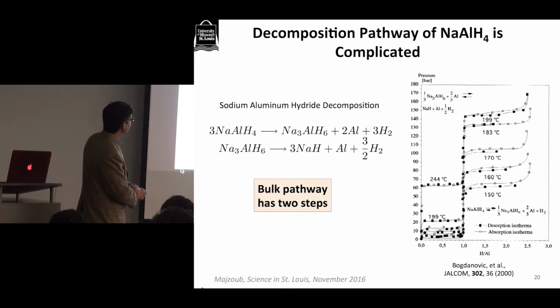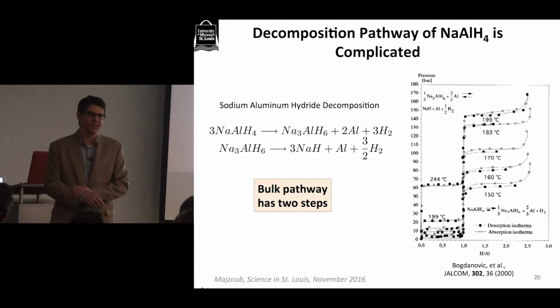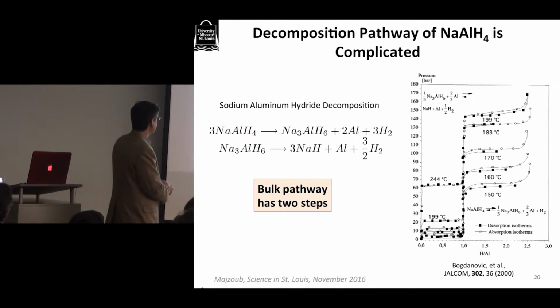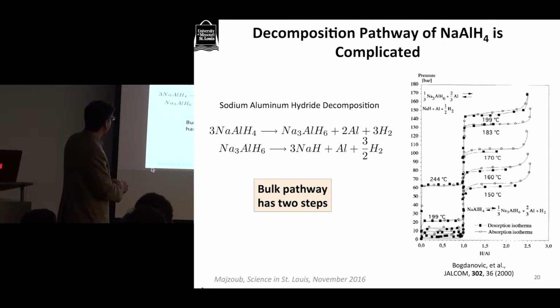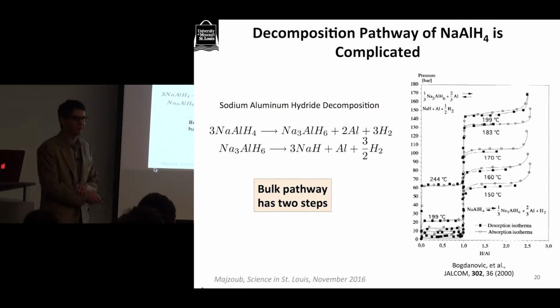The problem with this particular material is that when you decompose it, it's not very simple. It undergoes 2 very complicated reactions. And all these reactions that I'm showing here are chemical reactions. I transform this sodium aluminum hydride that has 1 sodium, 1 aluminum, and 4 hydrogens into another solid compound that's got 3 sodiums, 1 aluminum, and 6 hydrogens.